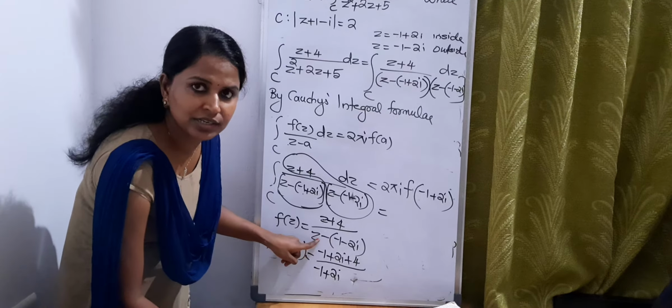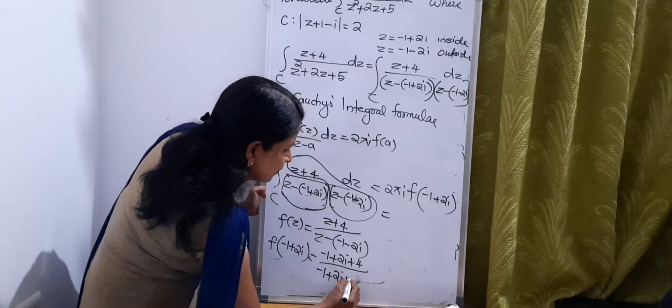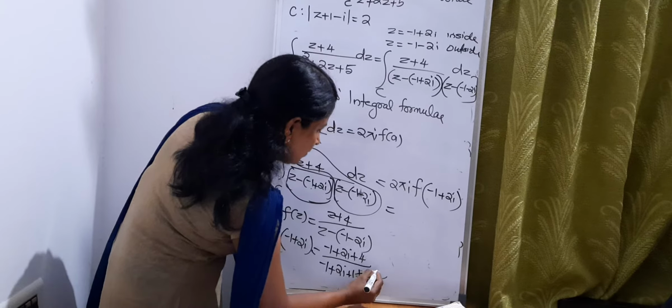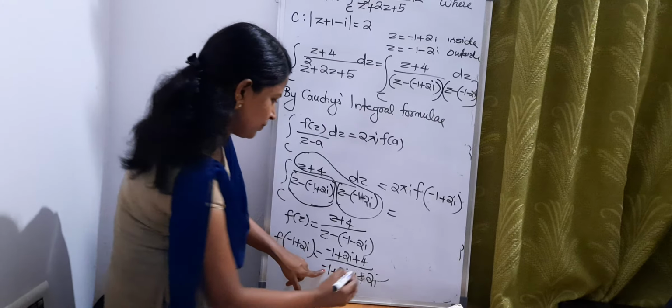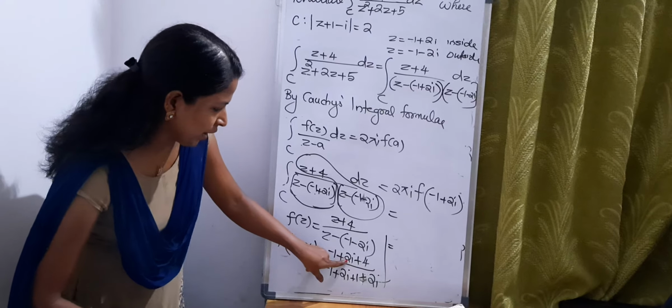Then open the bracket using this minus sign. Minus minus plus 1, minus minus plus 2i. That is equal to 2i.